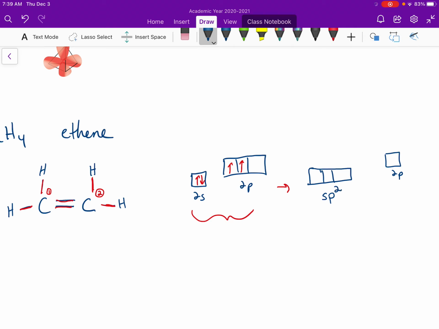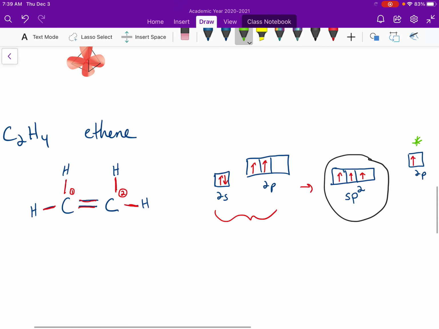One s and two p orbitals smushed together. And I'm going to spread out my electrons here. So now this gives the carbon 3 equal orbitals to do its primary bonding with. And then it has this extra p orbital that it can start to think about double bonding with. And that's where the double bond comes in.